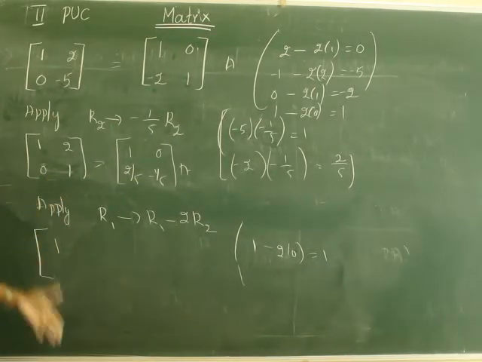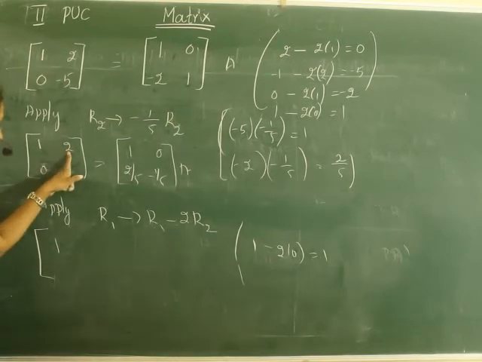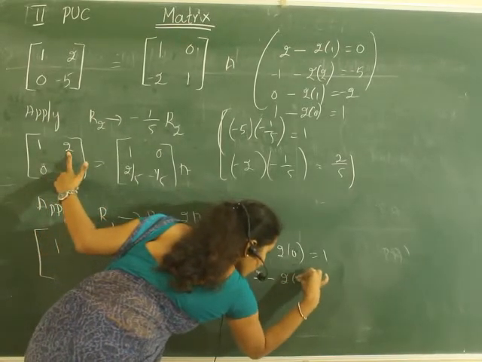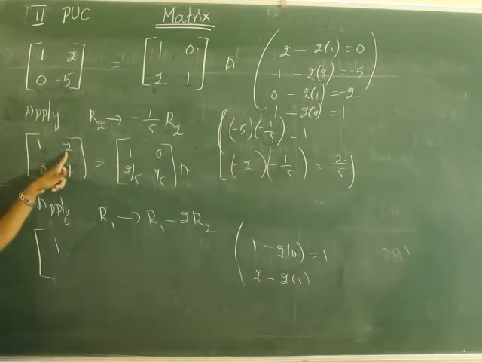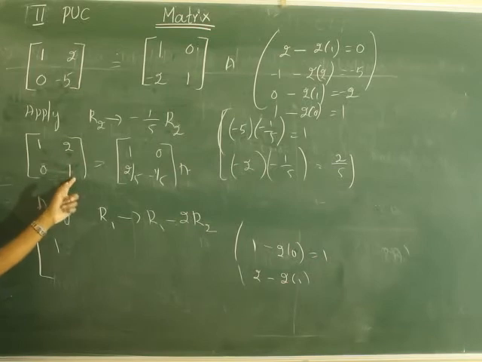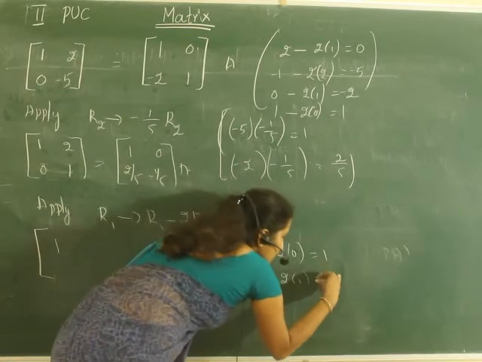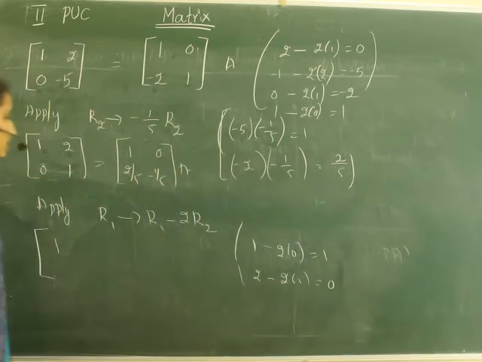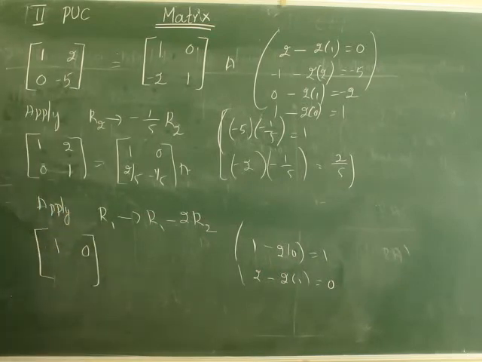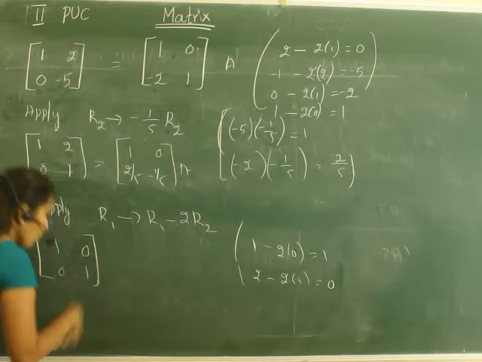Next, this is as it is, R2 does not change, only R1 changes, so this will be 2. Now this changes to 2 minus 2 into 1, which is equal to 0. We are changing only R1. So I have changed 1 0 and the next one is 0 1.